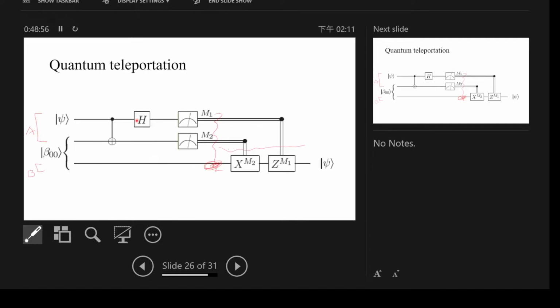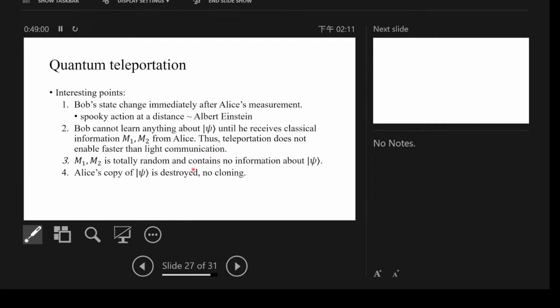Alice can just do this, and immediately the state changes here. But this change of state doesn't actually tell us any information. Bob only learns the information once he receives the classical information. So even though this is spooky, it's okay because it doesn't enable faster-than-light communication.